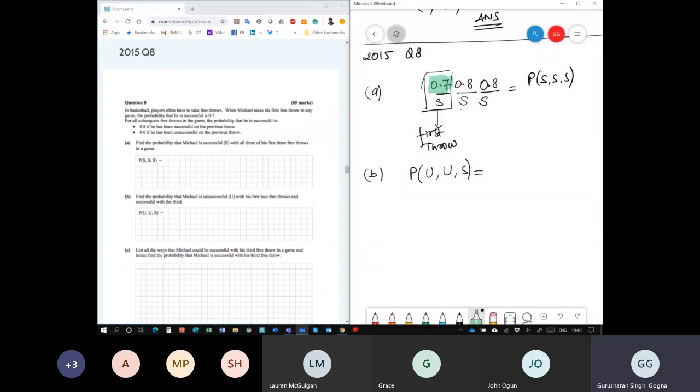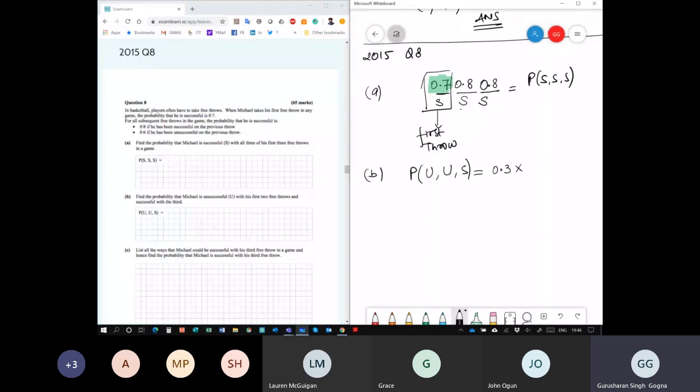So what is the probability that Michael is unsuccessful in the first throw? It's 1 minus 0.7, which is 0.3. So that's why the first one is 0.3. Next, again unsuccessful.